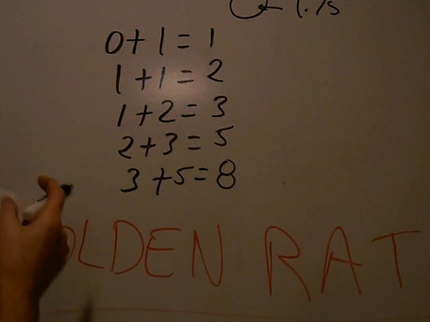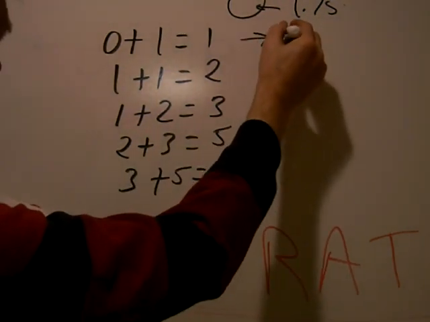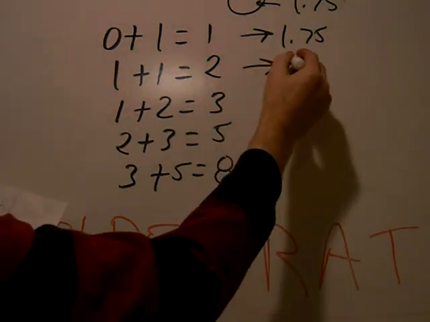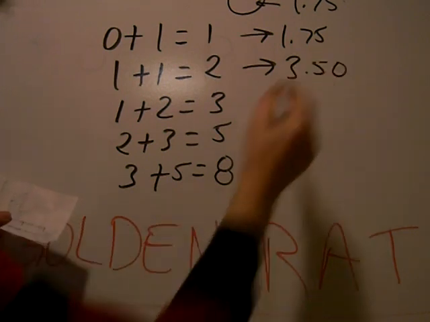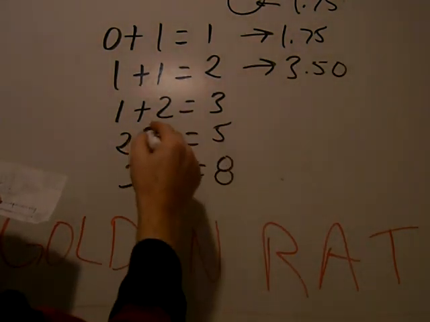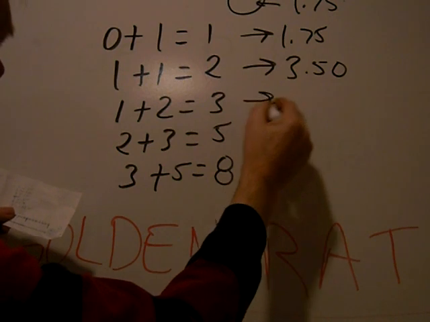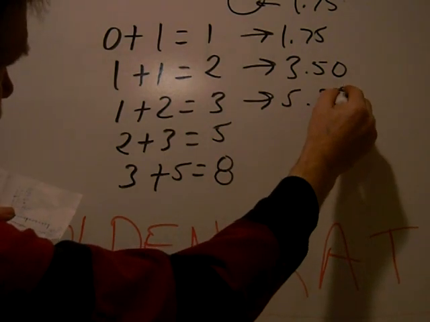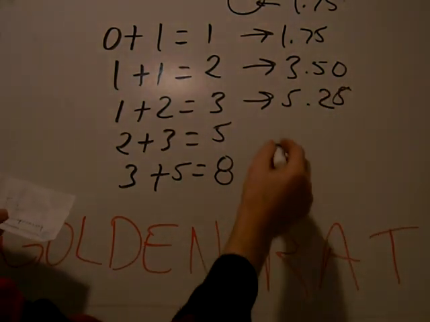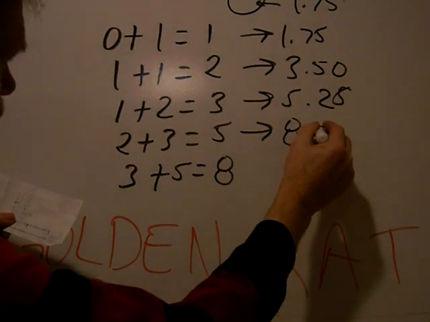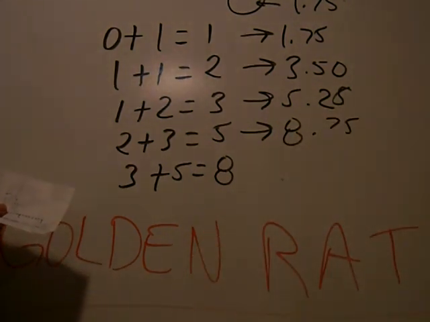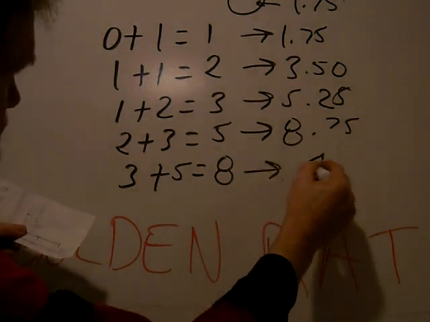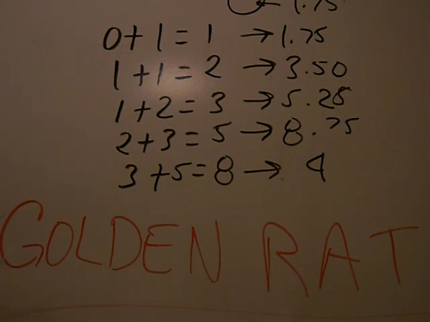Then 1 would be equal to 1.75, 2 would be equal to 3.50, and 3 would be equal to 5.25. There's a reason for all this here. And 5 would be equal to 8.75, and finally 8 would be equal to 14. Okay, those are all your calculations.